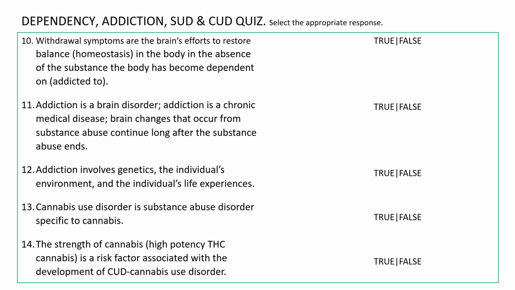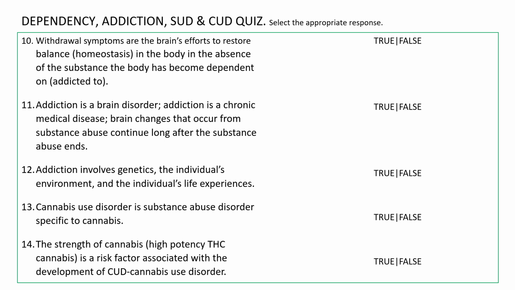True or false? True. Number 11. Addiction is a brain disorder. Addiction is a chronic medical disease. Brain changes that occur from substance abuse continue long after the substance abuse ends. True or false? True.